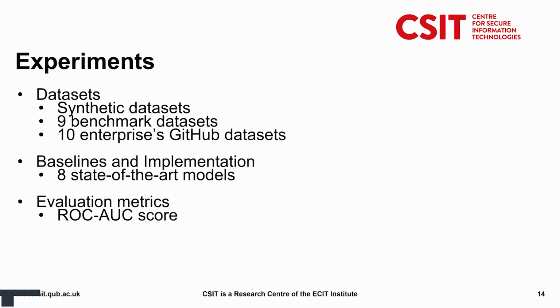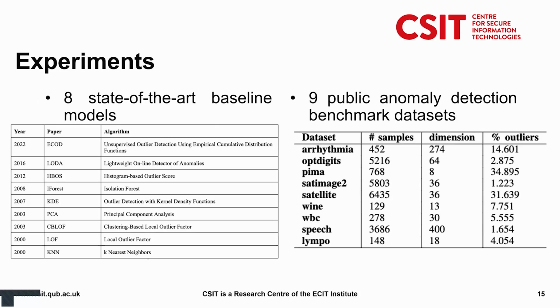So let's talk about something more interesting, which is the experiment part. We picked 9 public anomaly detection benchmark data sets across different fields, say satellite, wine, speech, diabetes. And we did the comparison with 8 other state-of-the-art anomaly detection methods.